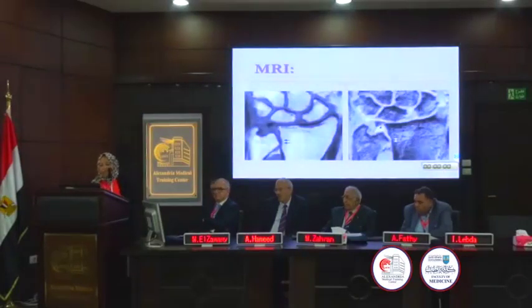By MRI, we can identify similar changes as we identified at the plain X-ray. We may identify also related marrow edema if it's present, and there is of course deformation of the triangular fibrocartilage by the markedly shortened ulna.